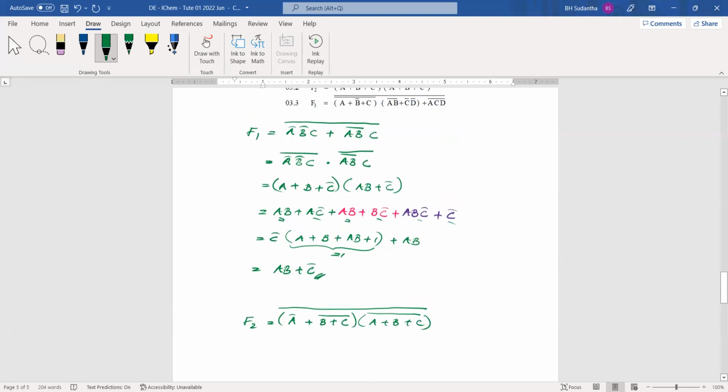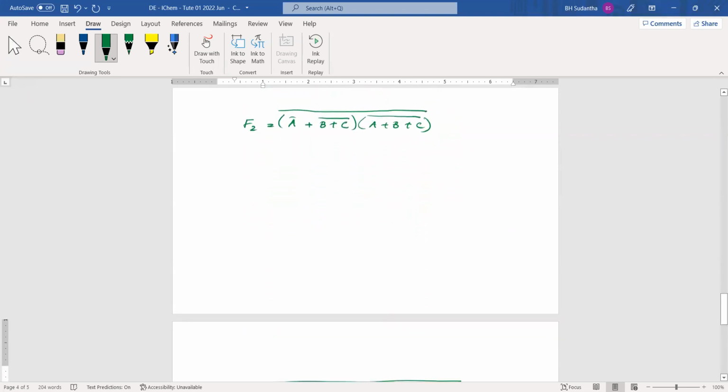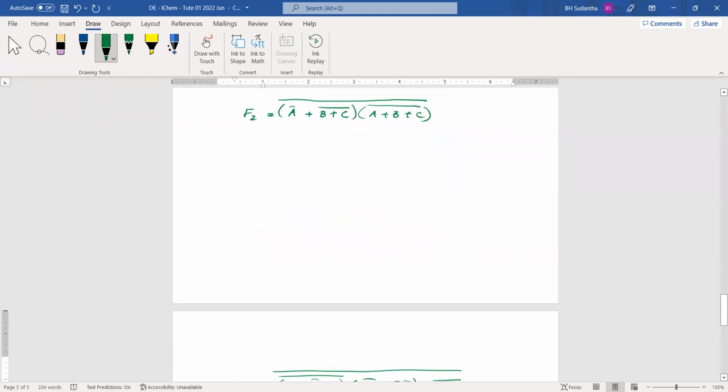Is it okay, this one? Here also we can apply De Morgan's theorem first. Break this one into 2. Then A bar plus, this one is having top bar, this is plus.